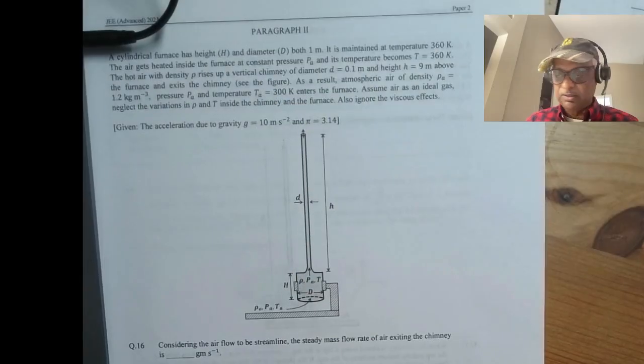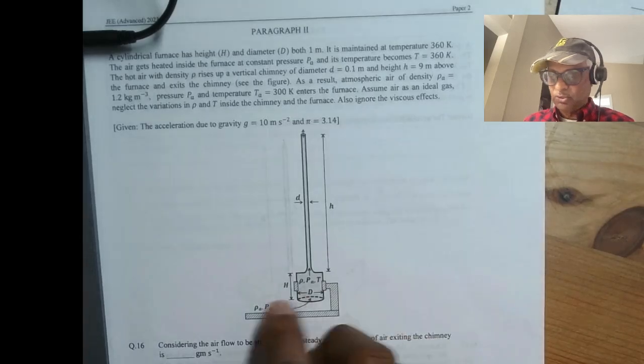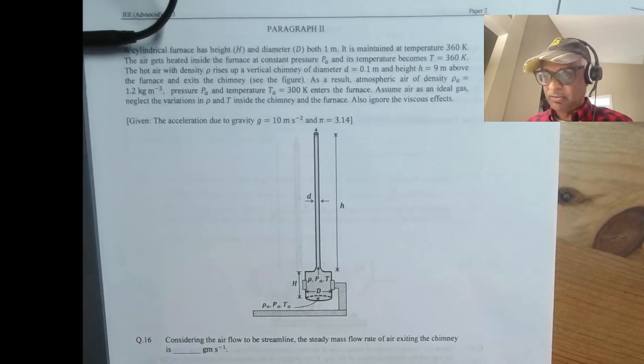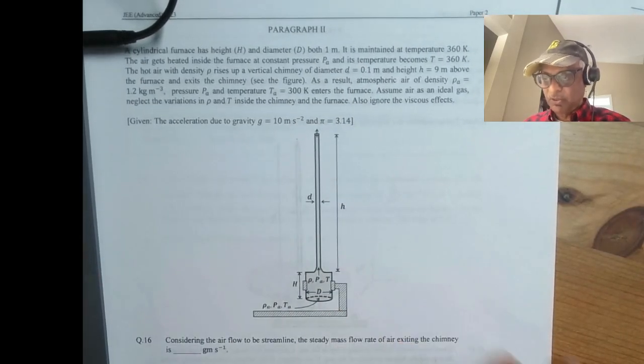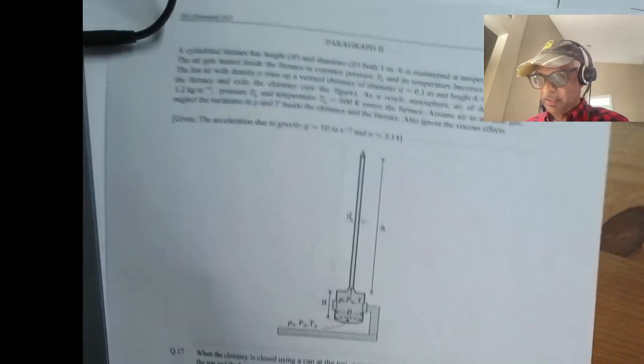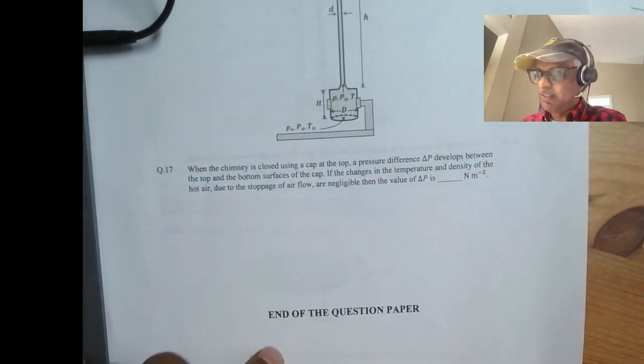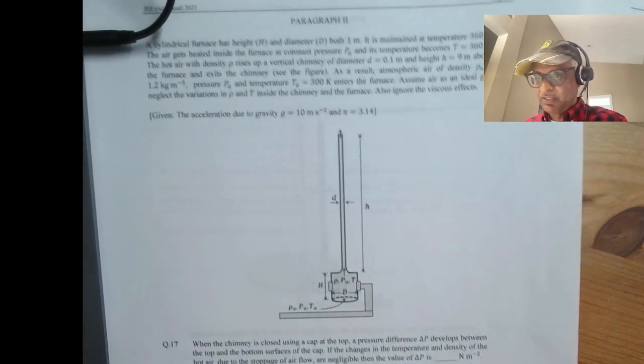Let's look at the problem. So there are 2 questions on this paragraph. There is question 16, and then it's the same description. I'll go over the description in a minute, and then when you flip it, there is the end of the question paper.